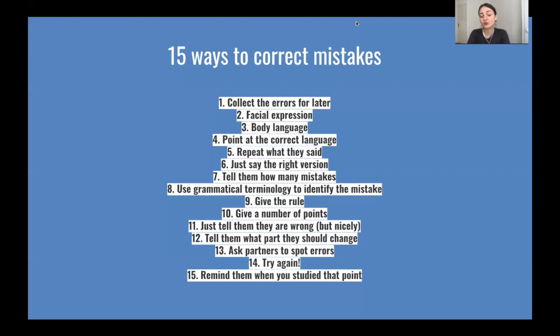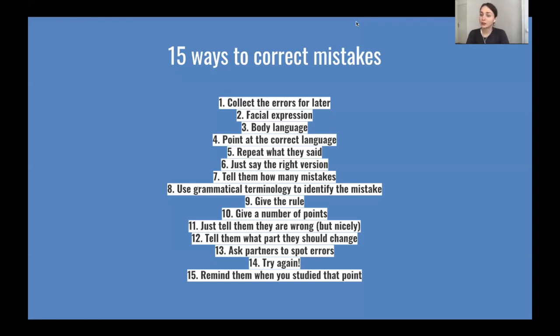Or you can give the rule. You can ask your student to remember the rule, or you can give the rule yourself, but I would recommend you to ask your student to remember the rule. If your student says "I were at work yesterday," you can say, "We use I was, and he, she was, they were, right?"